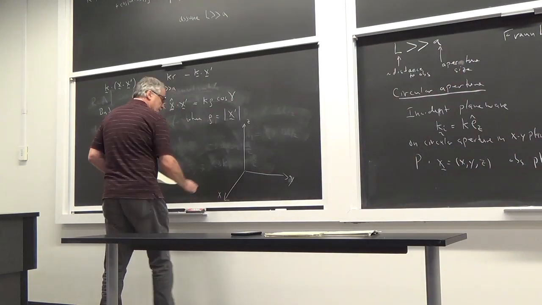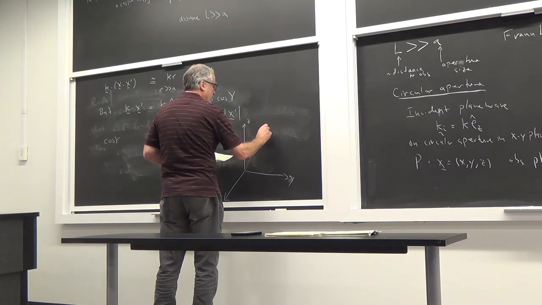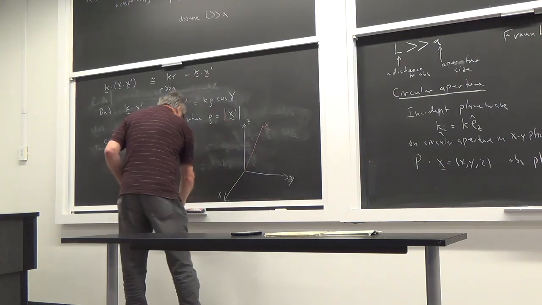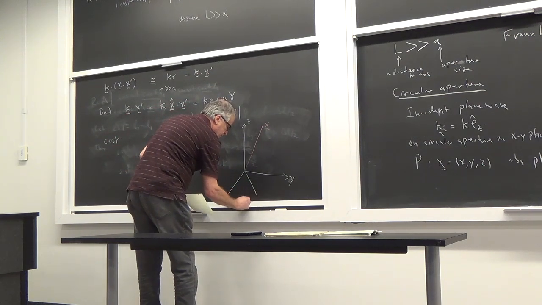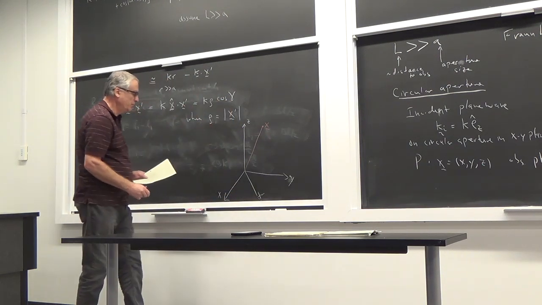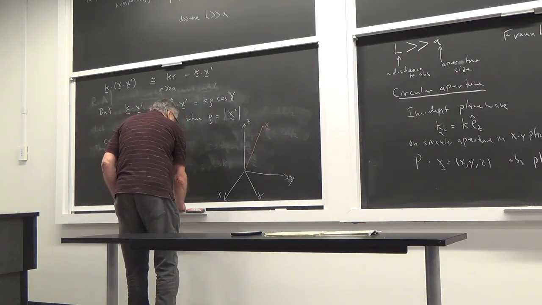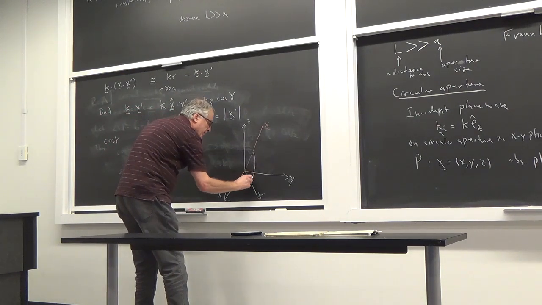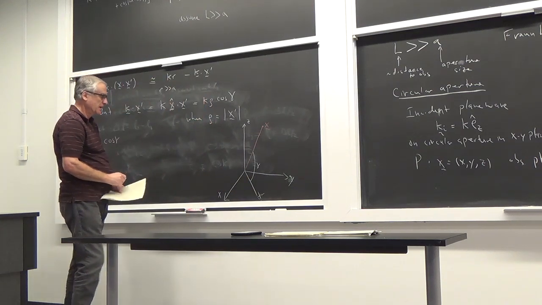So x is some point up here, and x prime is some point here in the plane. So gamma is the angle between the two. That's what we're taking the cosine of.